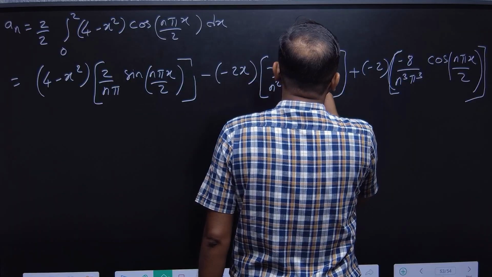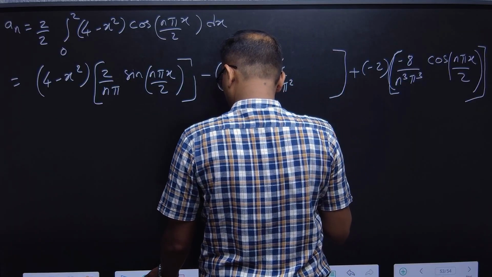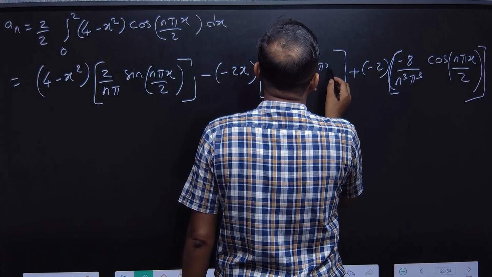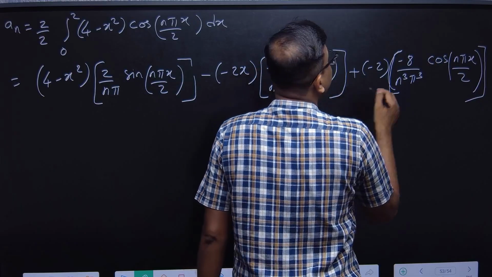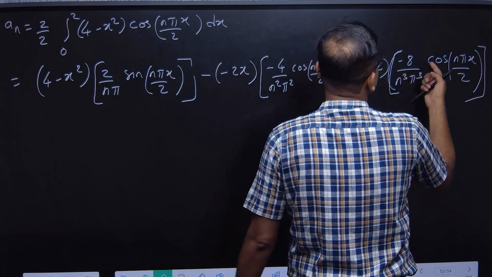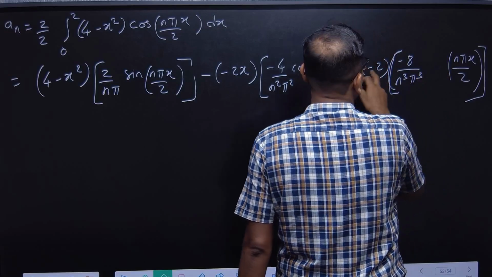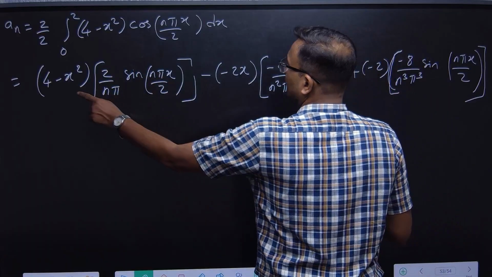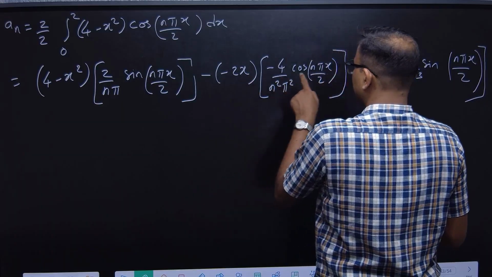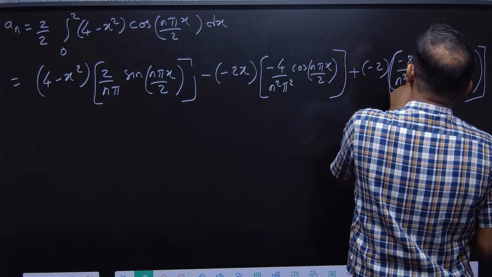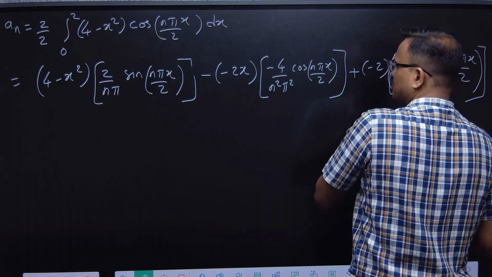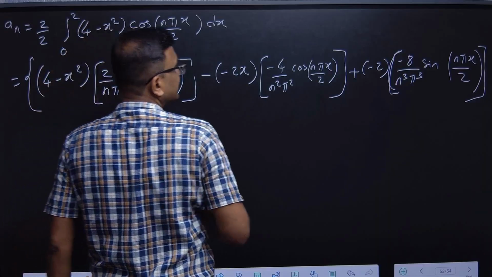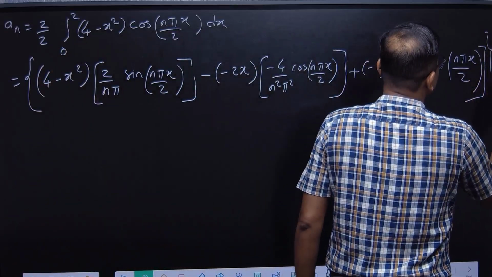It should be cos here, cos n pi x by 2, and the term here is going to be sine. So it is u into v1 minus u dash into v2 plus u double dash into v3. U triple dash is 0, the derivative of minus 2 being 0. And this entire term is within the limit 0 to 2.